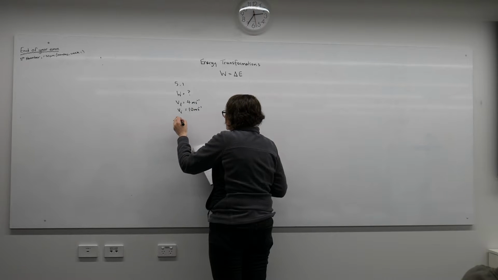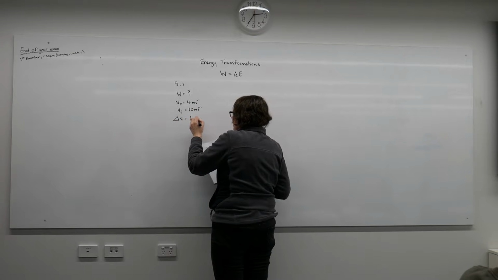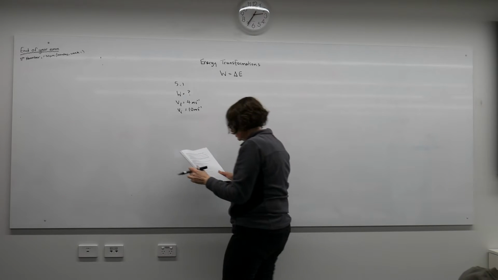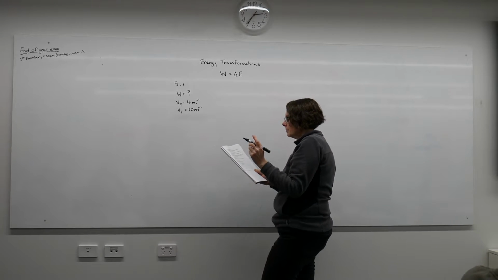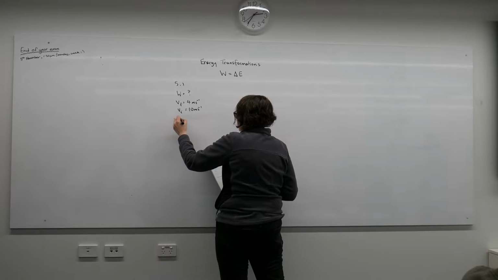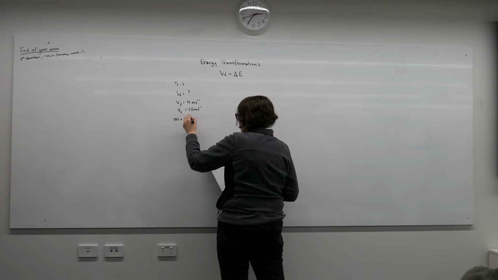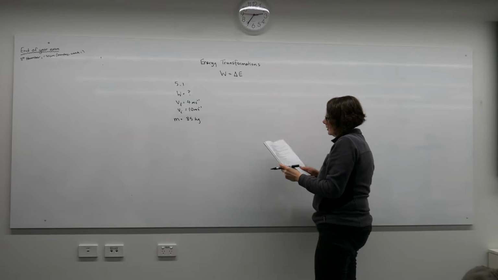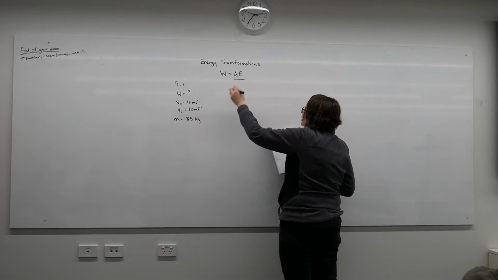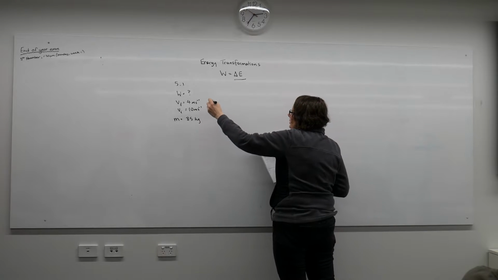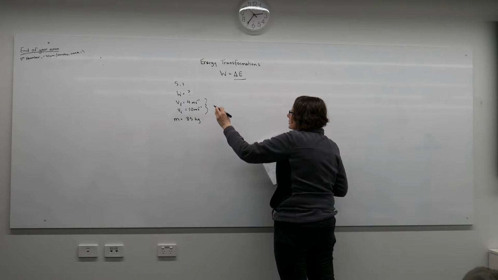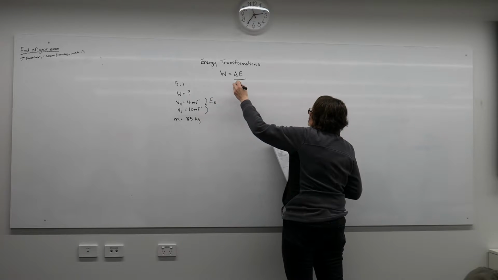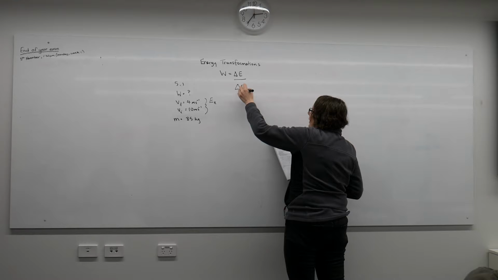We also know that the mass of the bike and the cyclist is 85 kilograms. We want the change in energy, and we can see, because we're looking at velocities, that this is going to be kinetic energy.